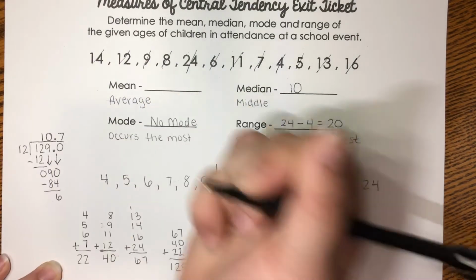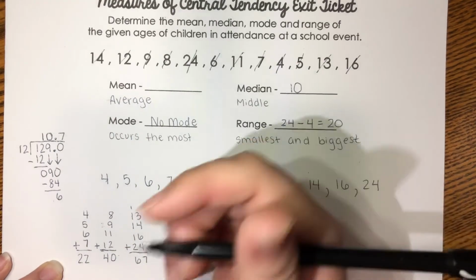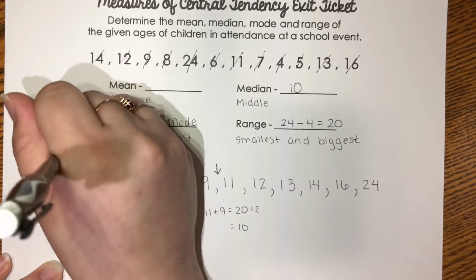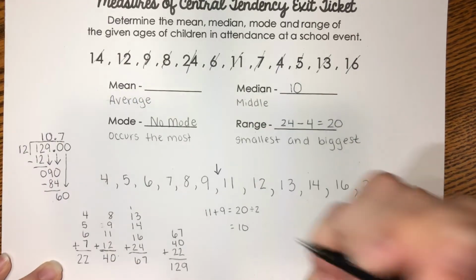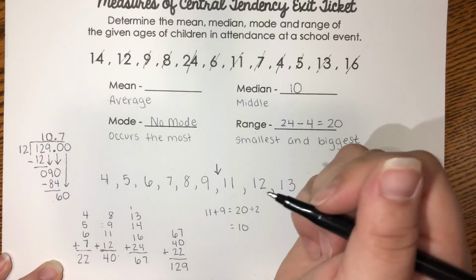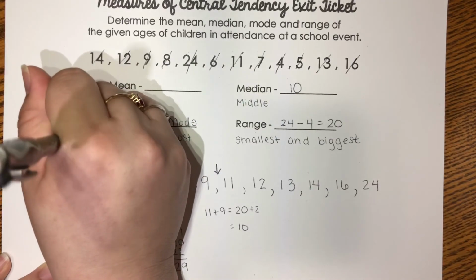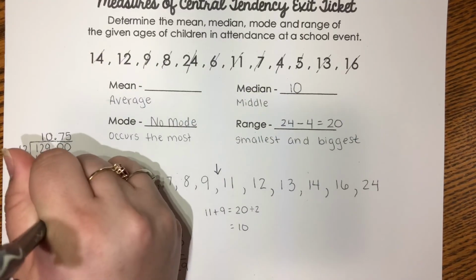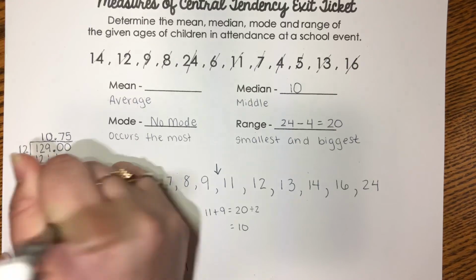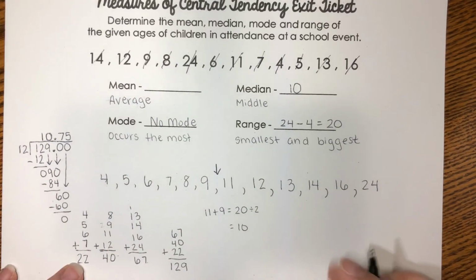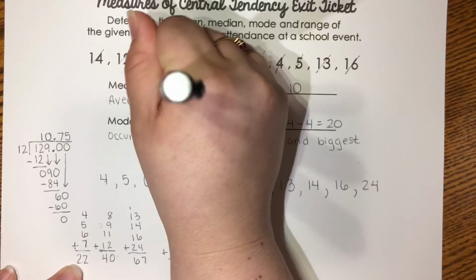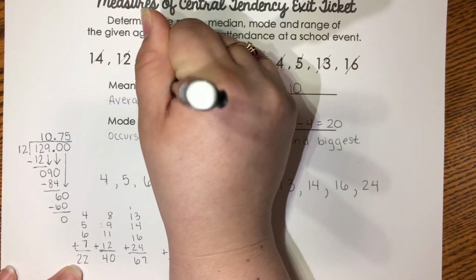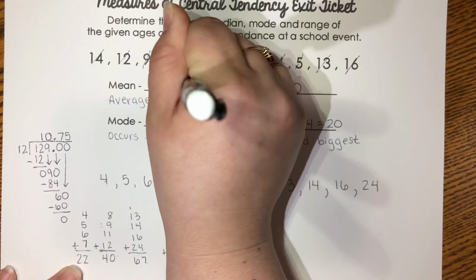Subtract my 84 and I get 6. Still have a remainder, so I'm still going to add a 0 and bring it down. 12 goes into 60 exactly 5 times. No remainder means I'm done. So that means my mean or my average is 10 and 75 hundredths.